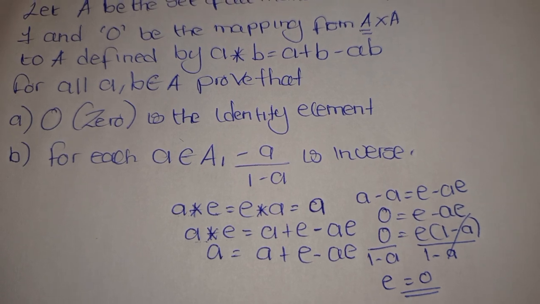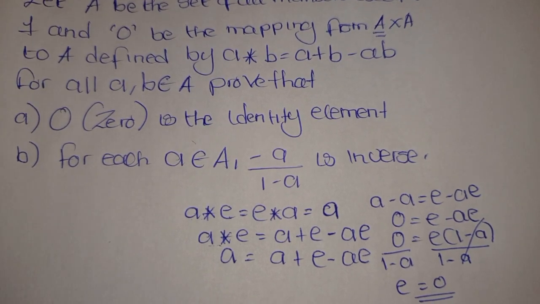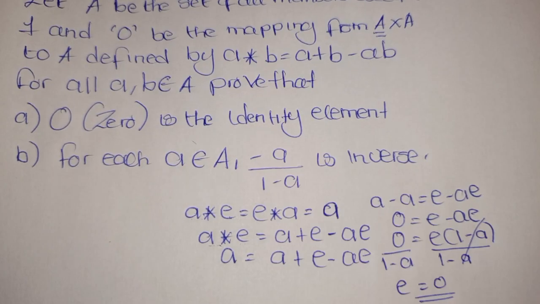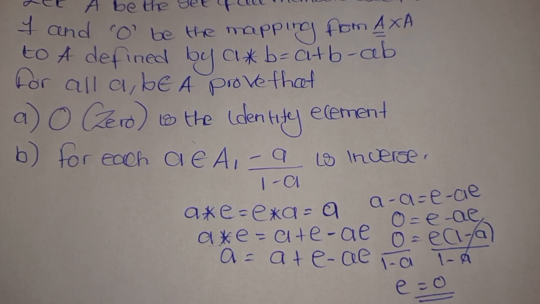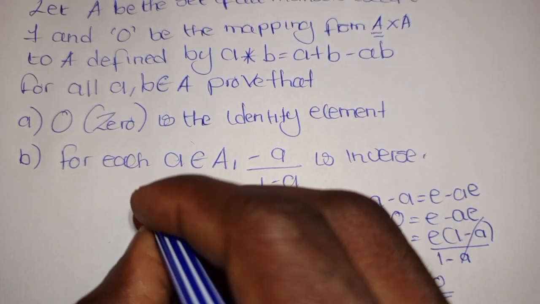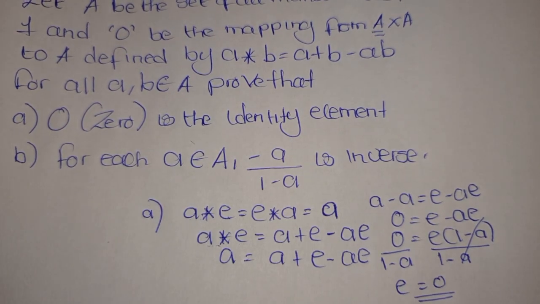Then the very second question we have is for us to find the inverse of this particular function. So for you to be able to find the inverse, this is what we basically do.